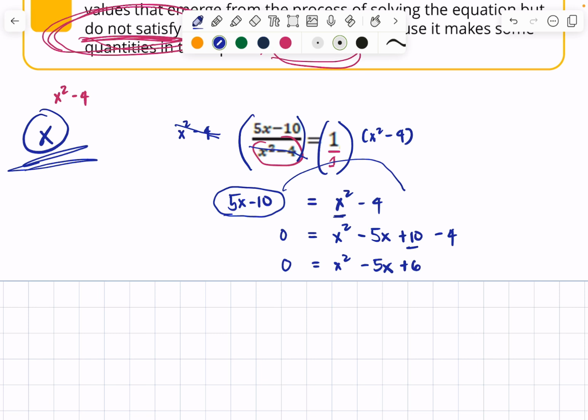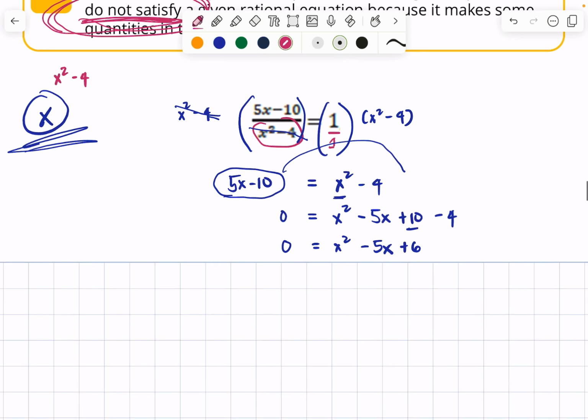Now, let's try to factor out your polynomial. So, what are the factors of your polynomial? The factors of 6 are 3 and 2. Now, 3 times 2 will be positive 6. However, if you add 3 and 2, will it result in negative 5? No, it will not result in negative 5.